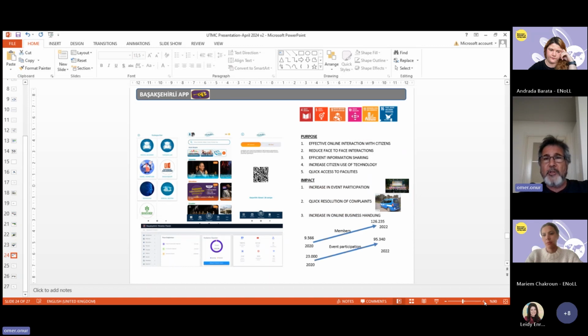One of the tools which we use to engage citizens is a mobile application called Başakşehir app. Through this app, we do specific surveys on specific topics, and we also collect needs of citizens through this application. We are trying to promote use of this application and get more engagement of citizens with the city authorities and with the Living Lab.